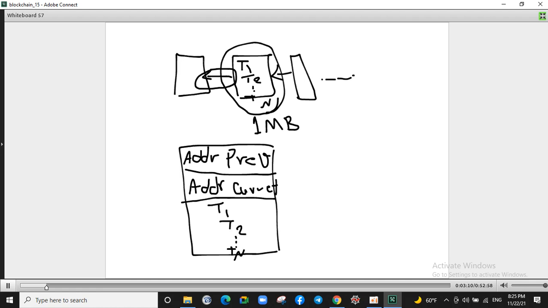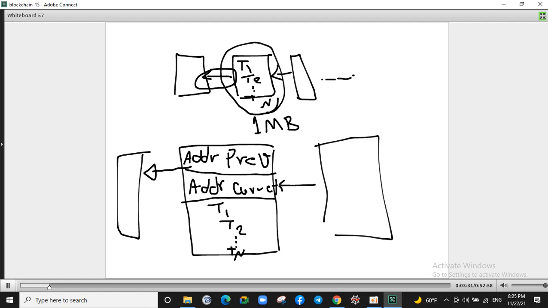This address of previous block creates a linked list, and this current address makes it possible for the next block to point to this.